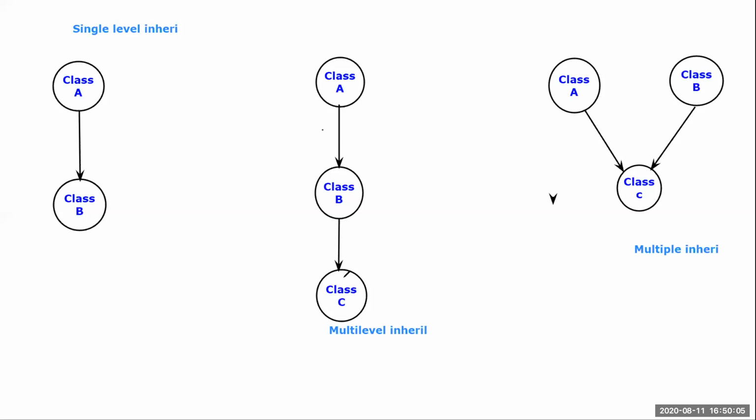So A is a superclass of B, B is a superclass of C, C is a superclass of D. Here A and B don't have any connection between them, right? But we are passing both classes as parameters to C, right? That is multiple inheritance.